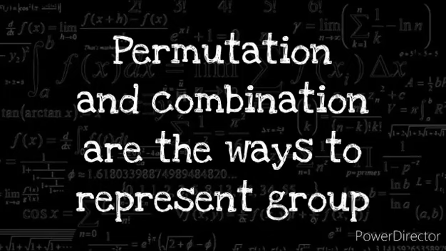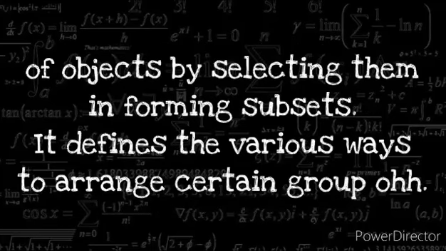Permutation and combination are the ways to represent group of objects by selecting them and forming subsets. It defines the various ways to arrange certain group of objects.